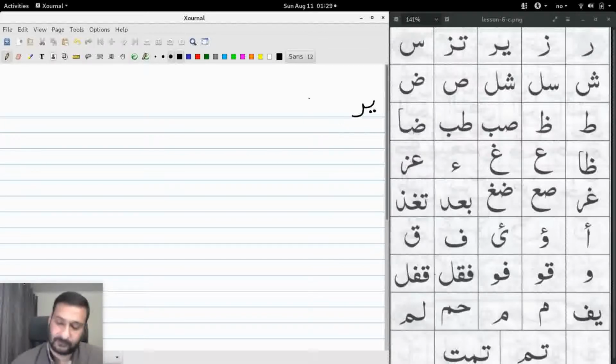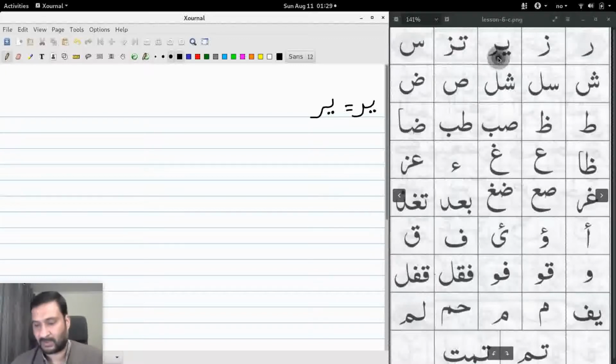Ya Ra. This can be written as simple as Ya Ra, but it may appear like this in the Quran, so it's very important to know.